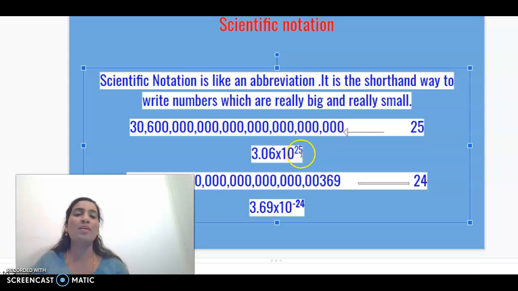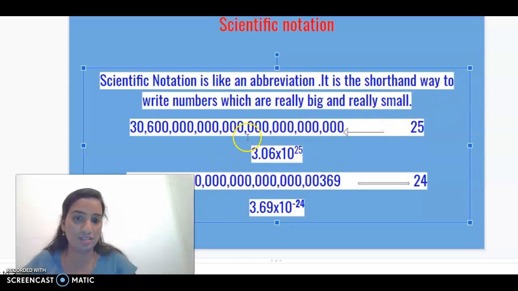That is the 10 to the power of 25. Now you can see this big number we have just abbreviated, or compressed this huge number into 3.06 into 10 raised to 25. This is how we represent this big number using scientific notation.